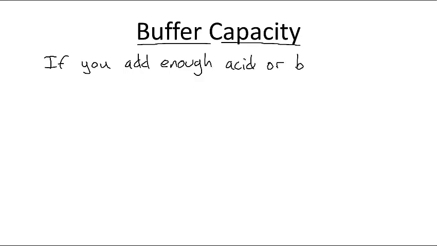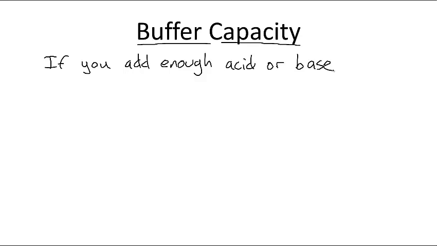So the question is, is this like heat capacity? Not exactly, because heat capacity is a continuous thing. Heat capacity allows you to say if I add X joules of heat to an object, how much will its temperature change?